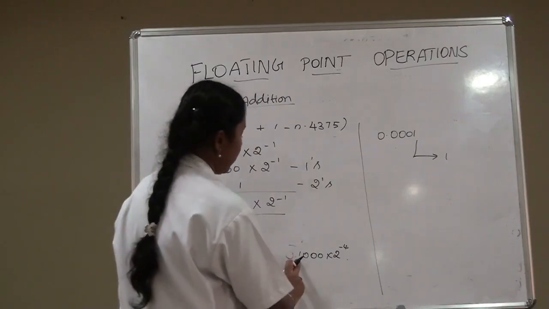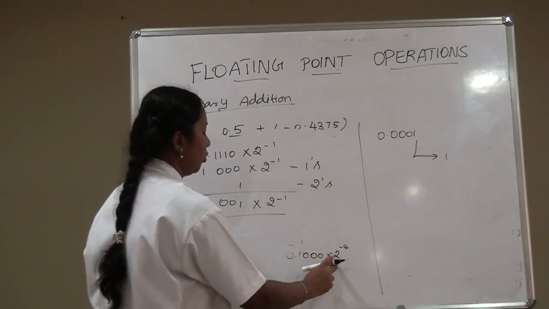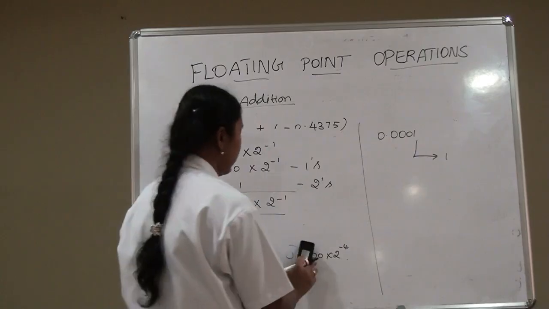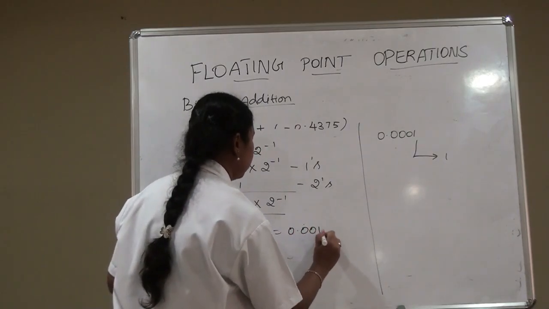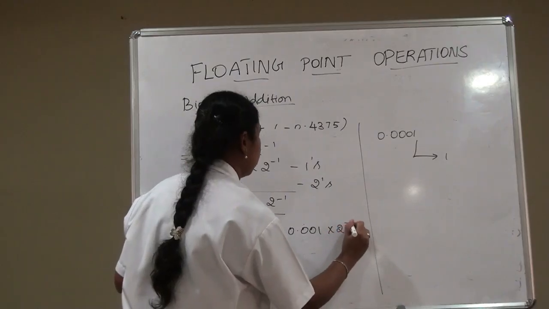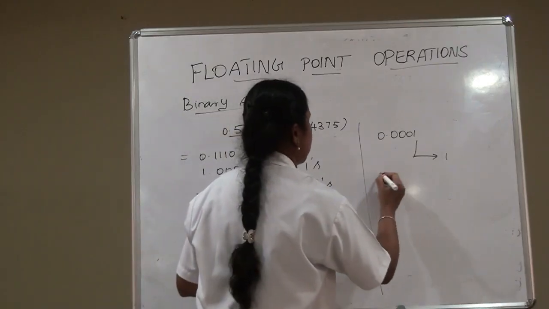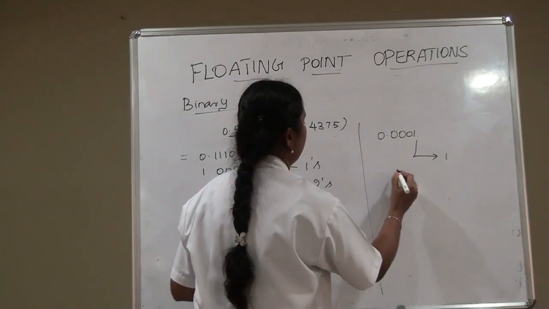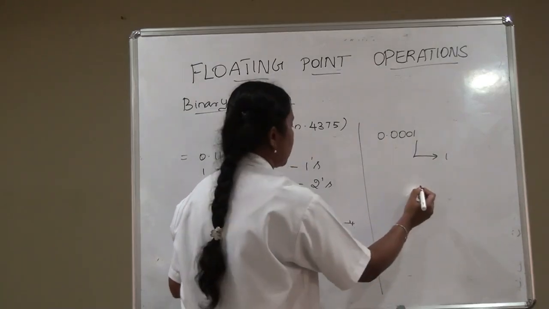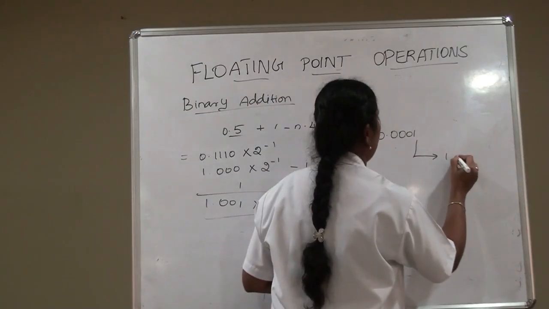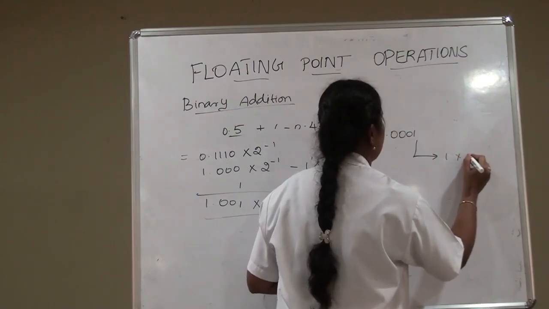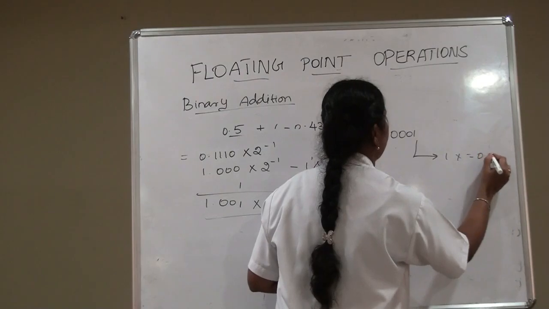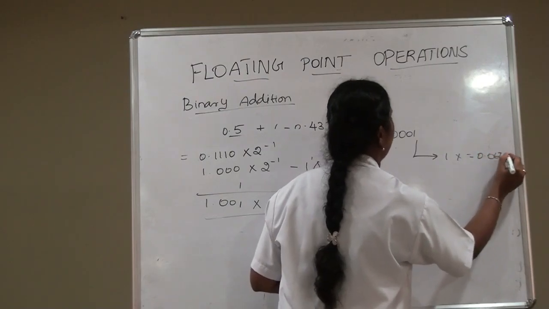After this 0.100 into 2 power minus 4, I am just going to convert it into the respective decimal form, which gives me into 2 power 16, in the sense which gives me 0.0675.